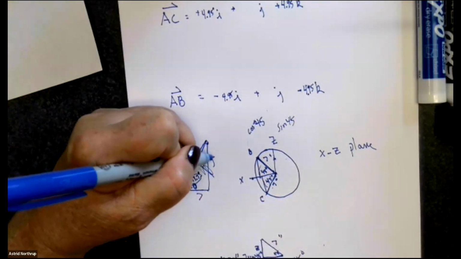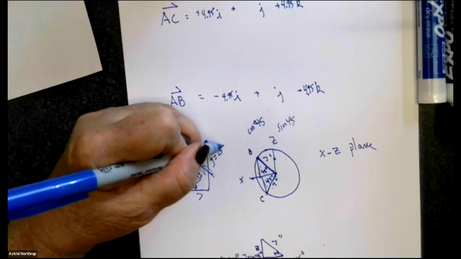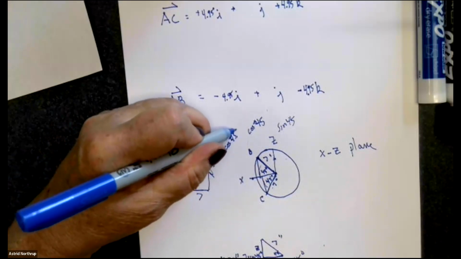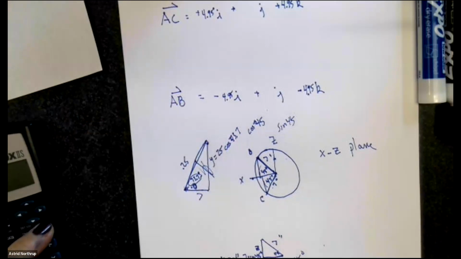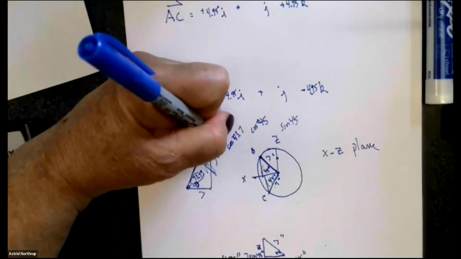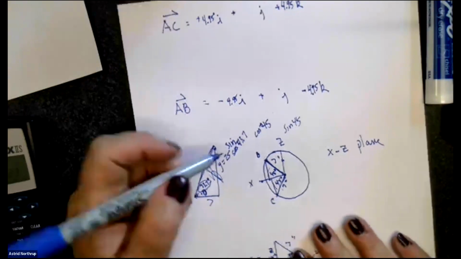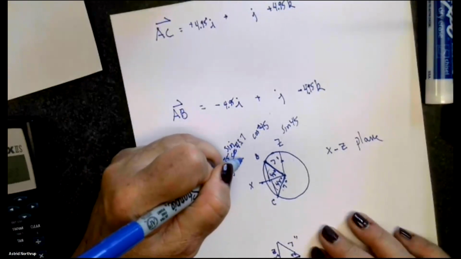So the y component is 25 times, this is the opposite, not cosine, it's sine, sorry. I do that once in a while. The sine of 73.7, multiply that number by 25, and you get basically 24. So the y component is 24.